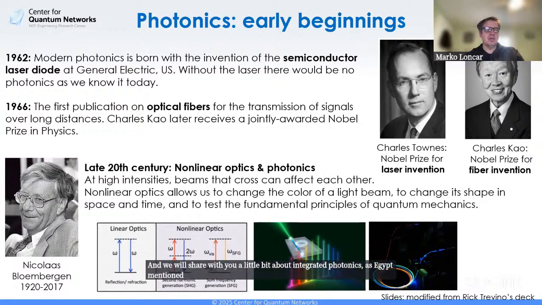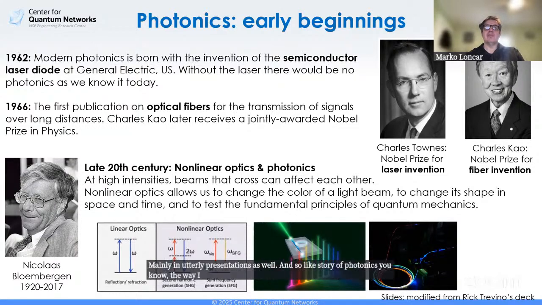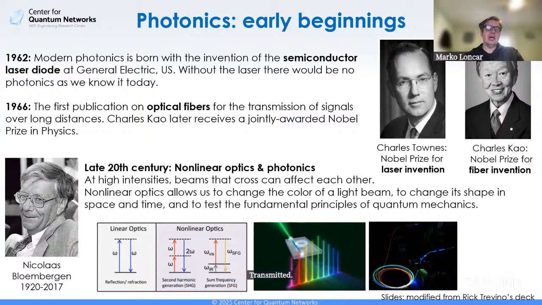We will share with you a little bit about integrated photonics, as CJ mentioned. Much of it was inspired by classical applications, but these classical applications of photonics actually have enabled a lot of progress in quantum that you will hear mainly in other presentations as well. The story of photonics, the way I structure this, more or less starts with the invention of the laser and then optical fiber, which has really enabled this idea that information can be transmitted in optical domains.